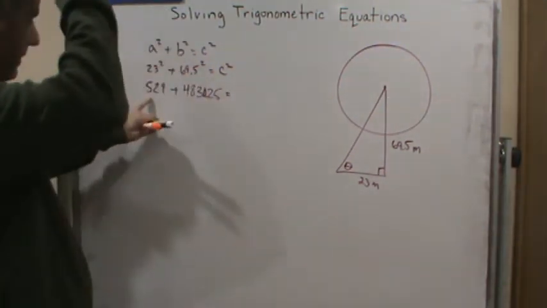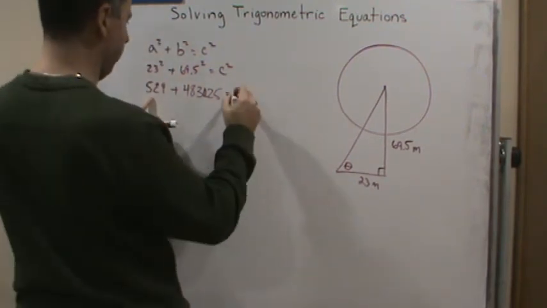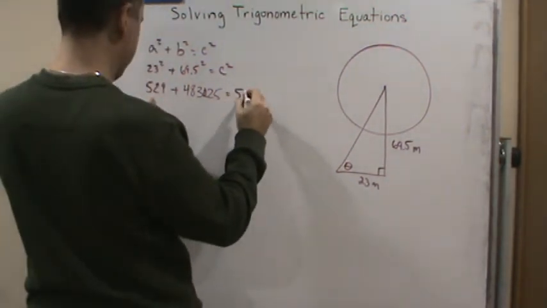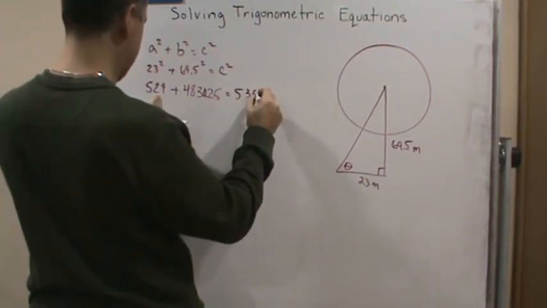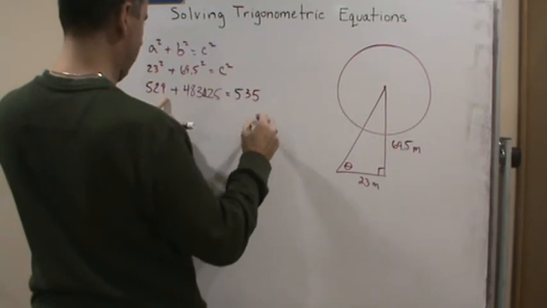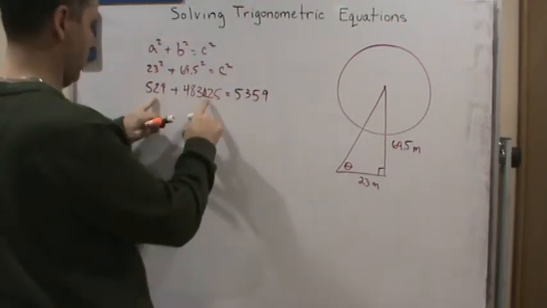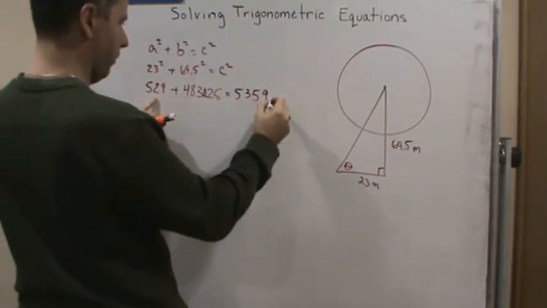And so if we add these together, what do we get? We get 5359.25.